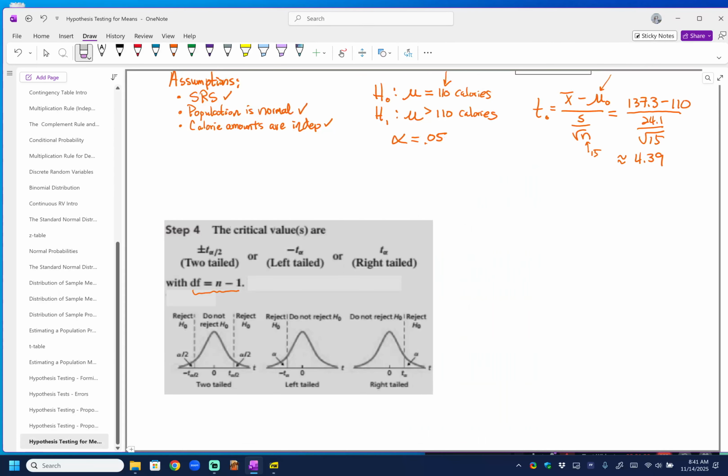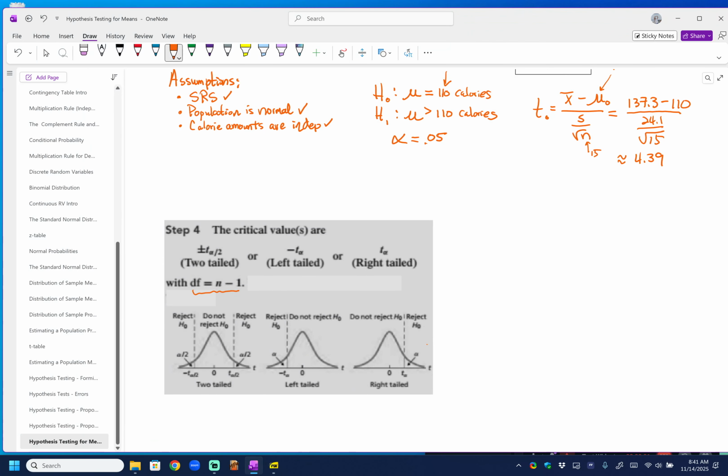And lastly, all of the regions are set up in exactly the same way as the proportion z-test. So as we do this in a second, it's going to feel like there's really nothing different other than trying to locate the proper critical value based on the degrees of freedom.